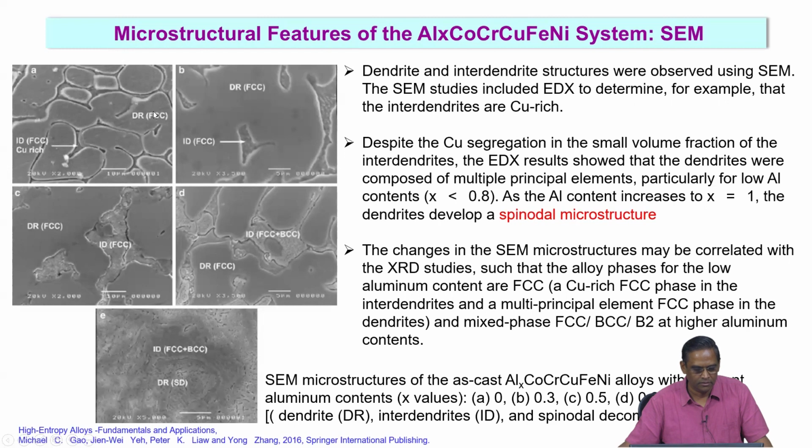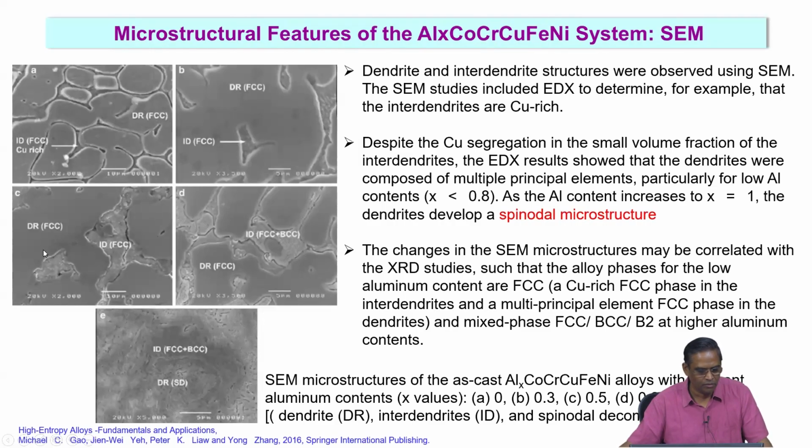and this is 0 aluminum. If you reach 0.3 aluminum, then you see the DR phase trying to become dominant, and the interdendritic phase is also becoming less.